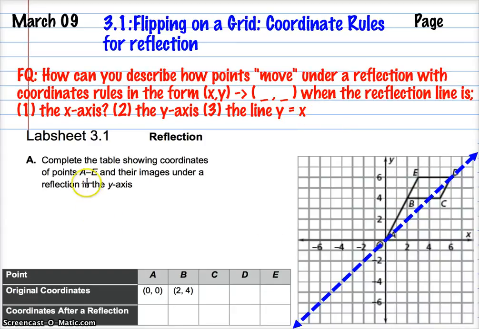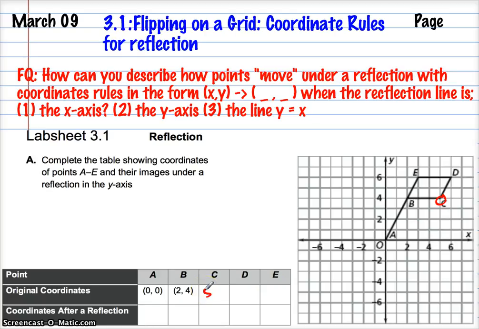Okay. So the first thing you're going to do is cut out your lab sheet 3.1 reflection. And we're going to complete the table showing the coordinate points A through E and their images under the reflection. So we're going to find these other 3 points C, D, and E. Okay, so point C, D, and E. Let's find each one. So point C is right there, which is (5, 4).